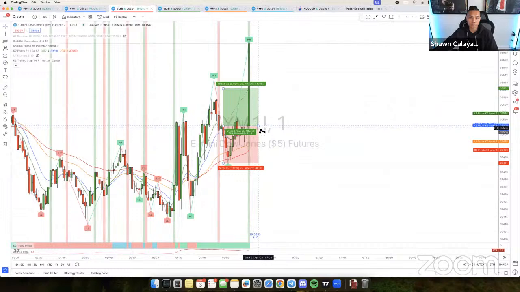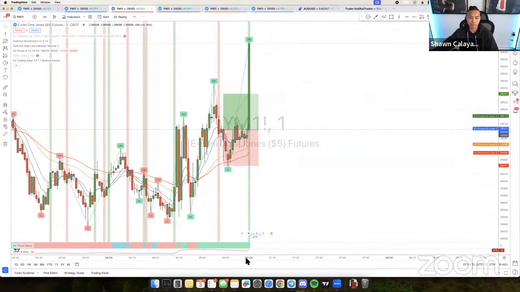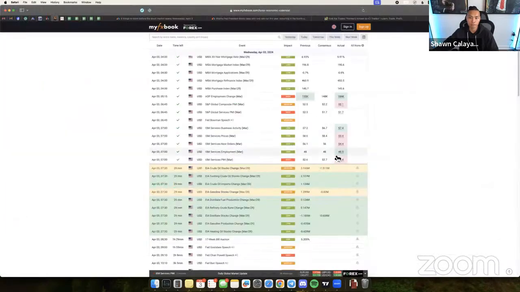This is the trickiness of taking trades during news, because you'll see the manipulation happen right here. The news was negative. That's not even where it's supposed to go. This big push up is just super manipulation. ISM services PMI, high impact, was negative, worse than expected, but price still went up.